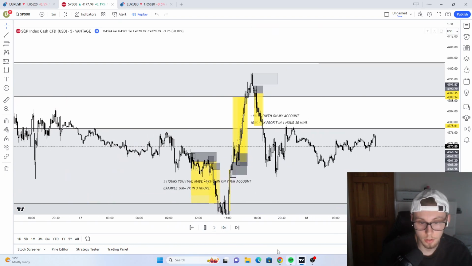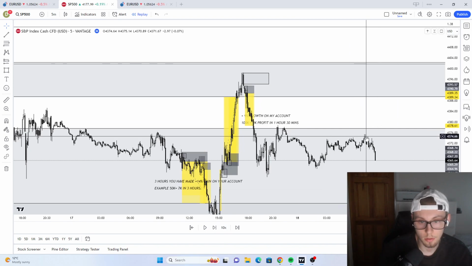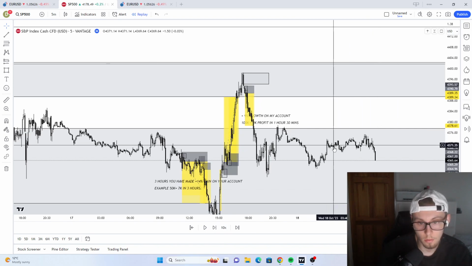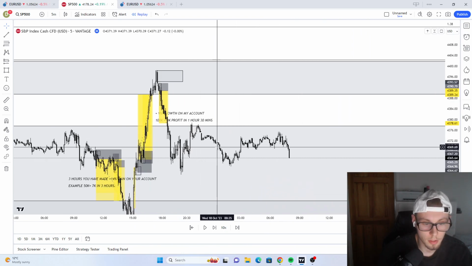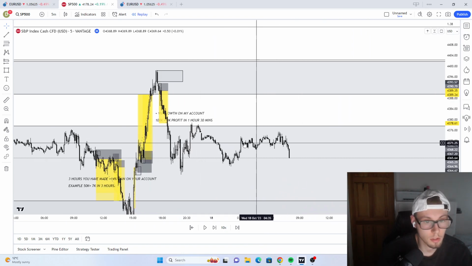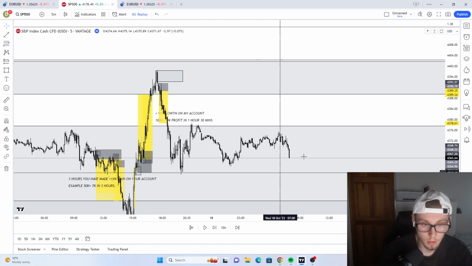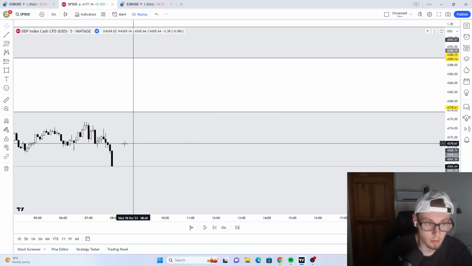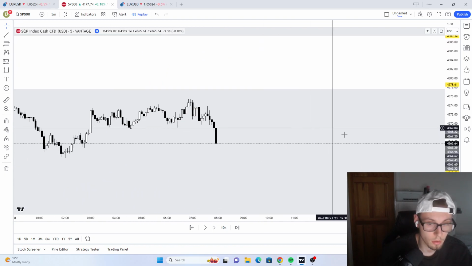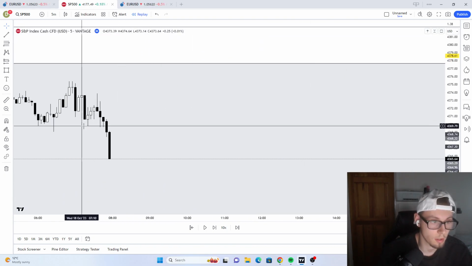This is just consolidation now. You can still take entries from here to here, it doesn't really matter. This is the overnight session, so you're not going to trade this. You might be trading the session here, like 7 or 8 in the morning, so this is something you could be looking at.